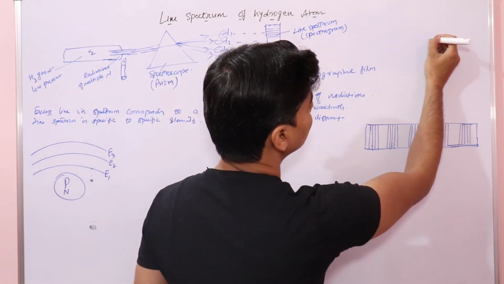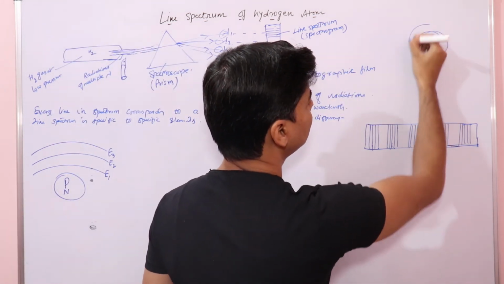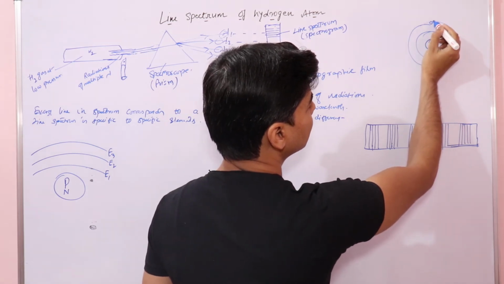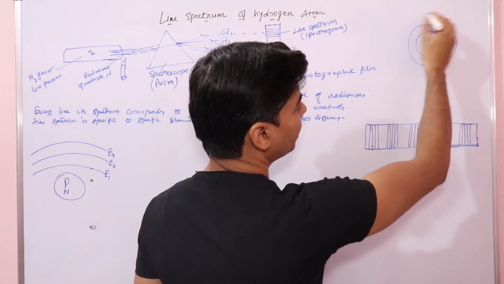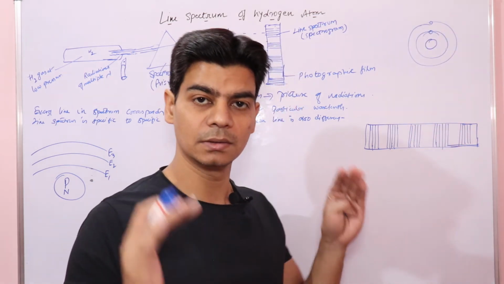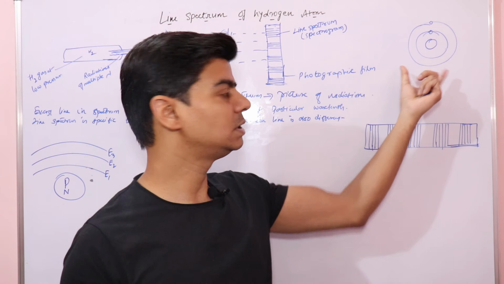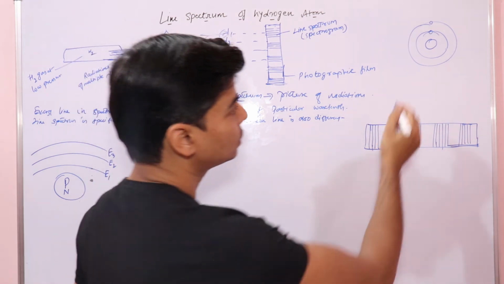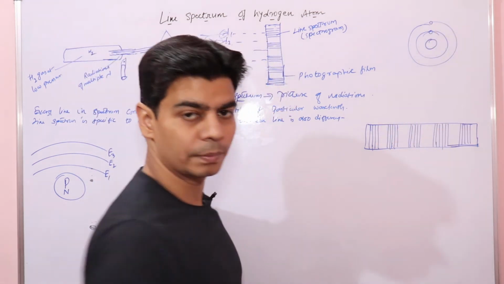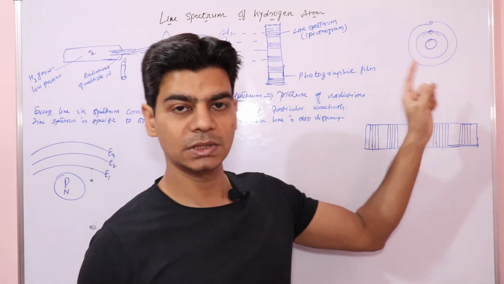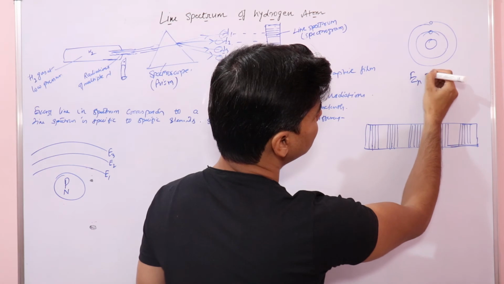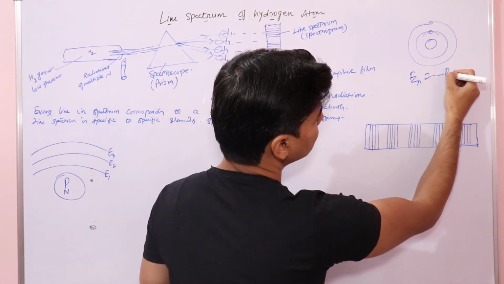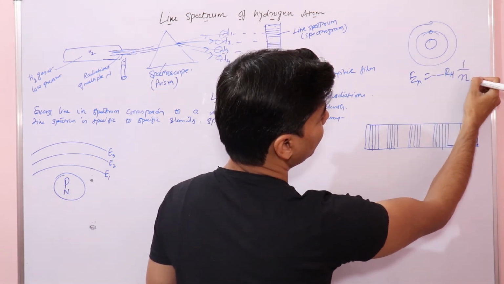Suppose this is your nucleus, and these are your energy states where electrons are moving. So these orbits have fixed energy. Their energy does not change. The energy of the electrons which are moving in these orbits is given by the formula En is equal to minus RH times 1 upon n square.